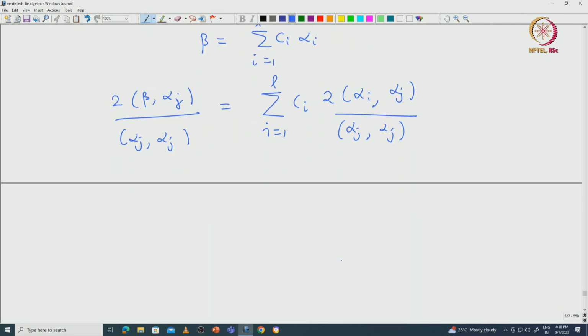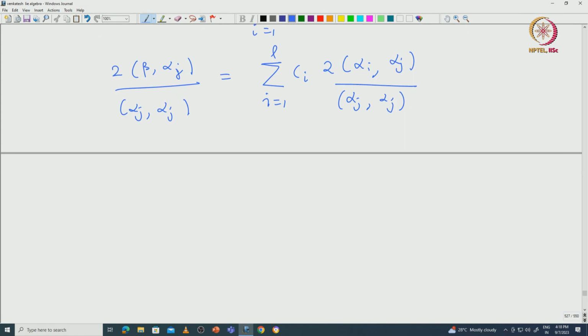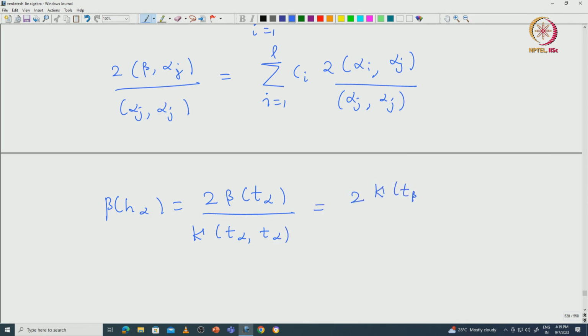So, note that beta(H_alpha) is nothing but 2 beta(t_alpha)/kappa(t_alpha, t_alpha). By definition, this is 2 kappa(t_beta, t_alpha)/kappa(t_alpha, t_alpha).